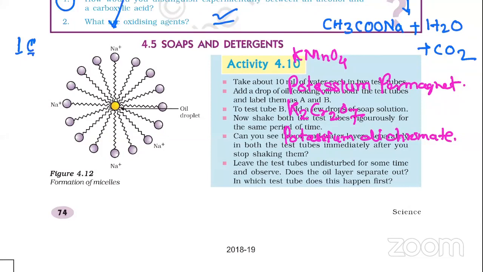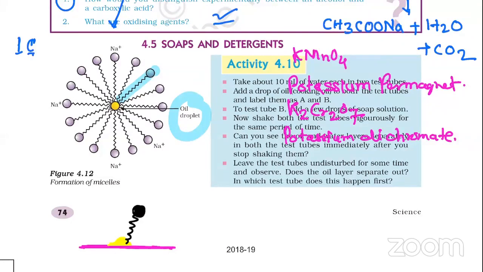This particular part you are seeing with head and tail is a soap molecule. And the yellow part in the center is an oil droplet. For example, if this is your cloth and an oil droplet is sitting on top of it, what will happen? These soap molecules will come. A soap molecule has two parts.